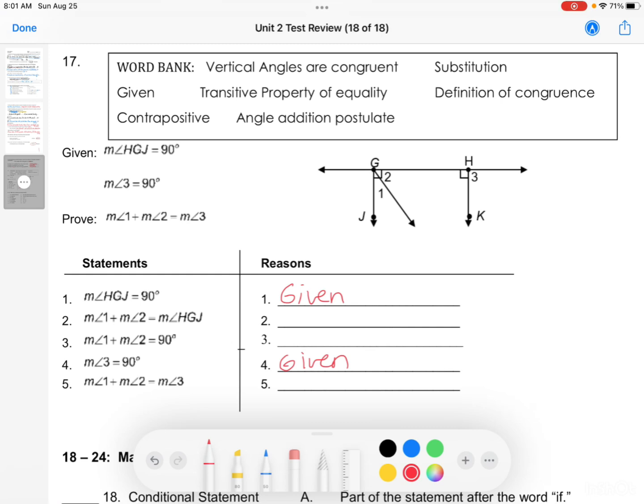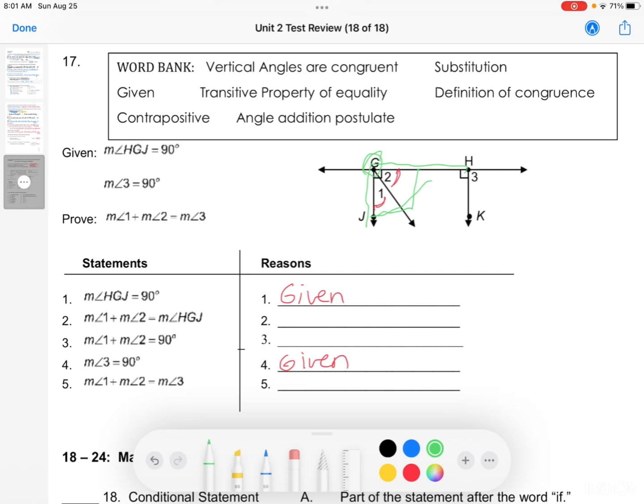Okay, so angle 1 plus angle 2 is equal to angle HGJ. So here's angle HGJ. And if you remember, G is the angle in the middle.